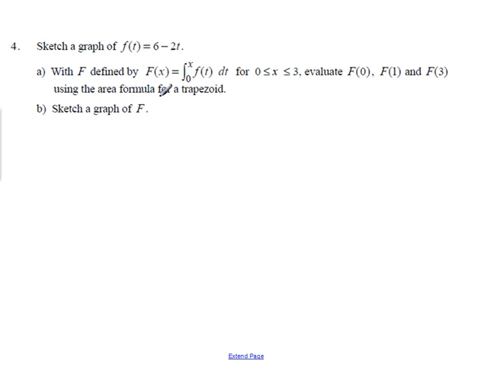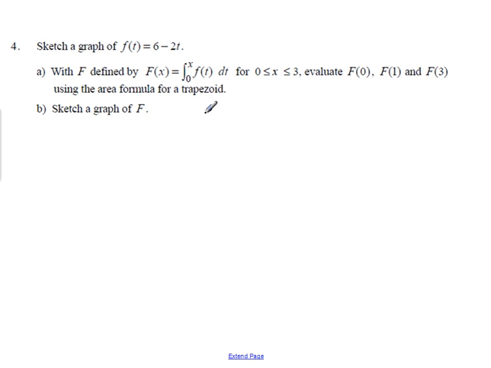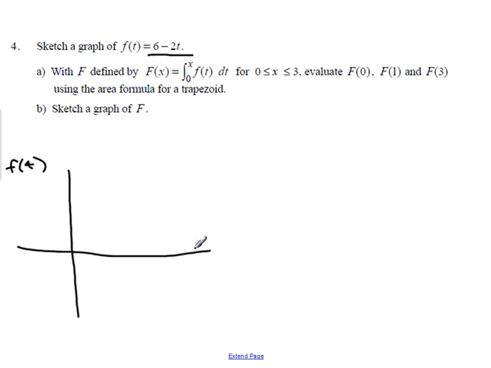Okay, so I think this is the last example that we're looking at. It's to sketch a graph of this function. So let's do that first. It's a linear function. So here we have f of t and t. We start at 6. We go down at a slope of -2.